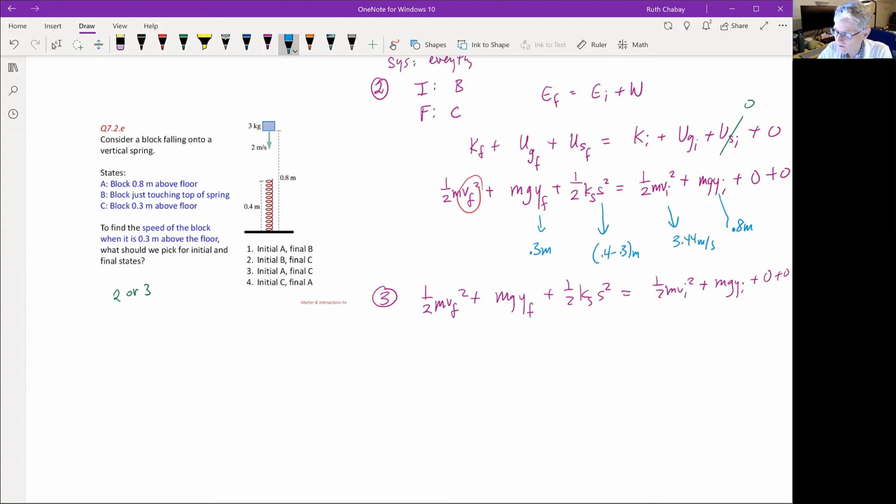It's just that we have different values. So this v is now 2 meters per second, and this is now, oh, that's not 0.8 meters in this stage, is it? This is just touching, so that was 0.4 meters. That was wrong. Okay, this is 0.8 meters here. And these values are all the same.